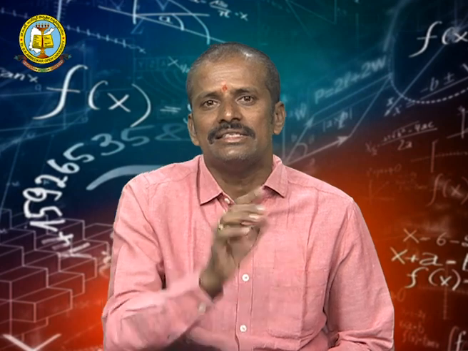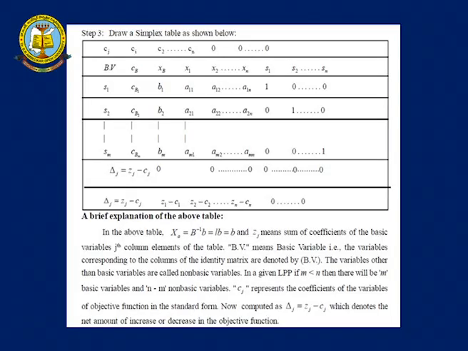After getting the initial basic feasible solution, coming to the simplex table. The first iteration of the simplex table will be like this. So this is the structure of the simplex table. The first row indicates Cj. Cj means the cost of the variables in the given objective function, including original variables, slack variables, and surplus variables. And next BV. BV means basic variables. In that, write all variables in proper order, x1, x2, x3, right up to s1, s2, like that.